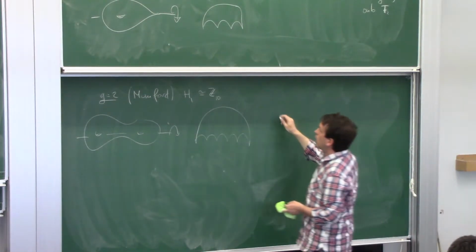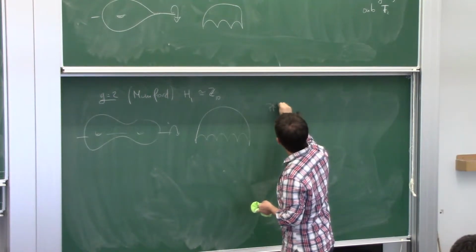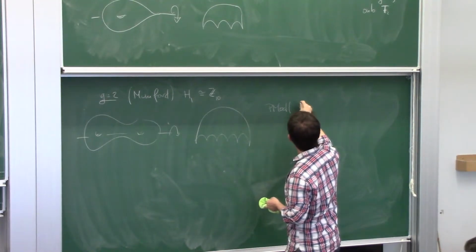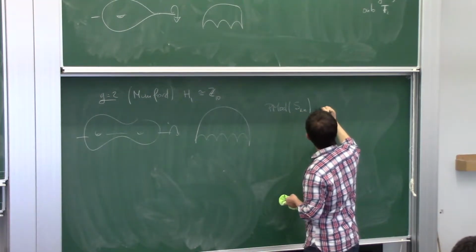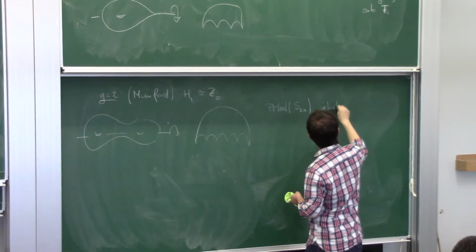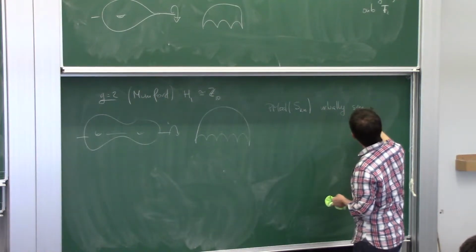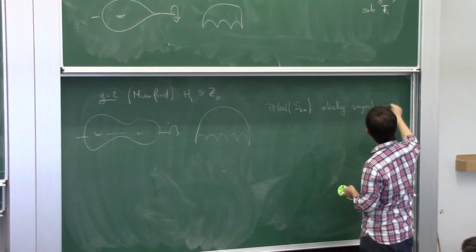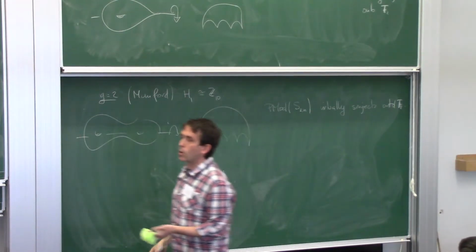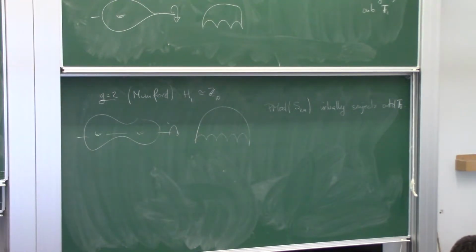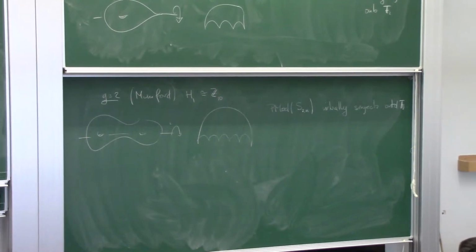So PMod(S_2,n) virtually surjects onto the free group. Right? So I guess the real question is whether mapping class groups virtually surject onto Z. But yeah, that's a lot higher.